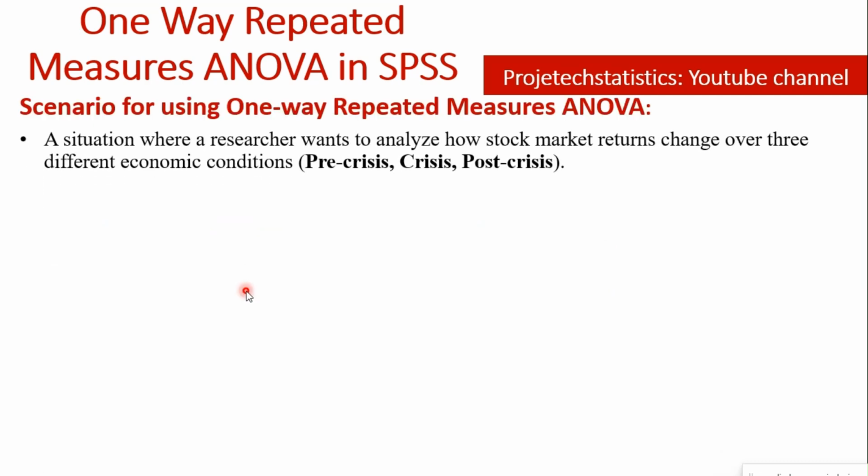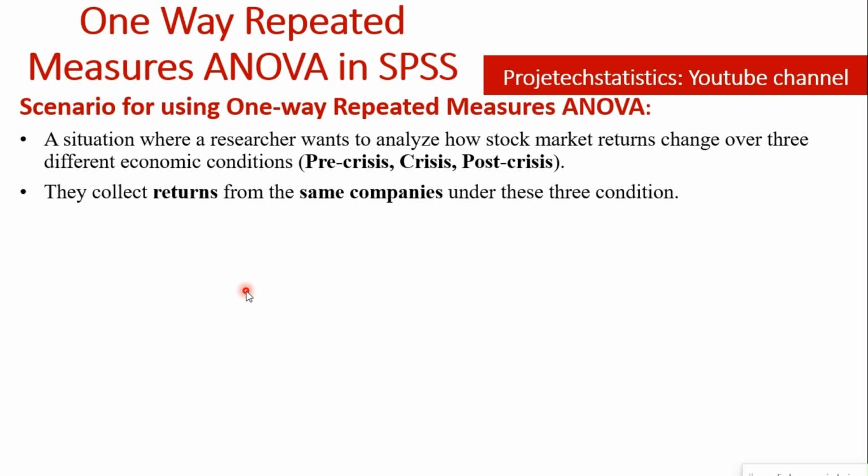This analysis is going to involve a situation where a researcher wants to analyze how stock market returns change over three different economic conditions. The conditions are pre-crisis condition, crisis condition, and post-crisis condition.